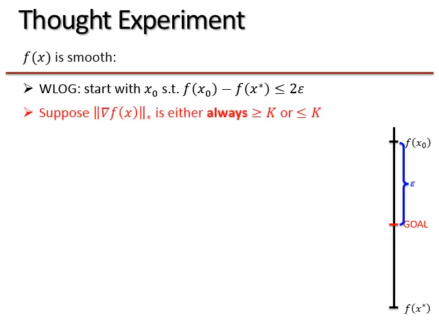The first assumption is really without loss of generality, but the second assumption is the one that I want to assume for this thought experiment. Suppose the gradient that I receive, in terms of its dual norm, is either always large or always small, with respect to some parameter k that I can even control. Of course, in reality the gradient may be sometimes larger and sometimes smaller, but for this thought experiment only, I'm going to assume that it's either always larger than or equal to k, or always smaller than or equal to k.